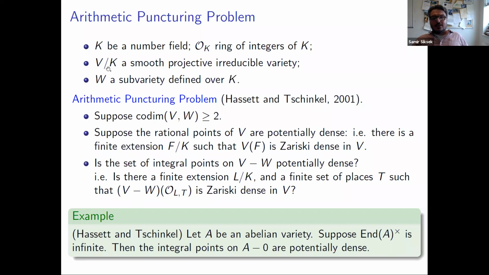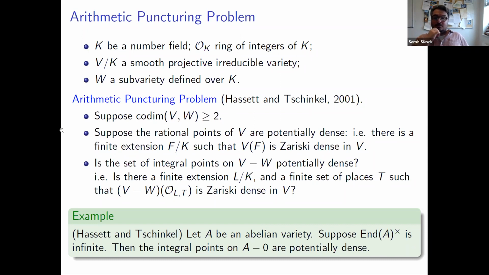Okay, as Alex said, I really need to take V to be a scheme over O_K. But the assumption in the arithmetic puncturing problem is that the codimension of W is at least 2. And so that's one assumption.